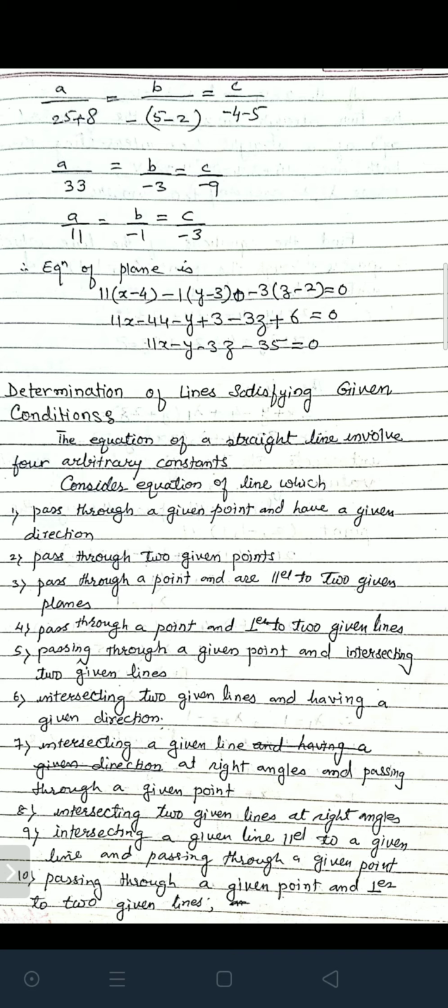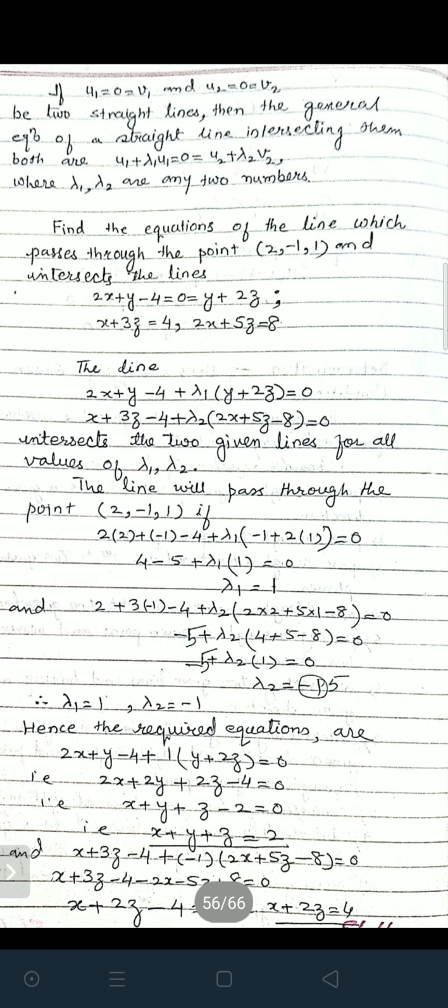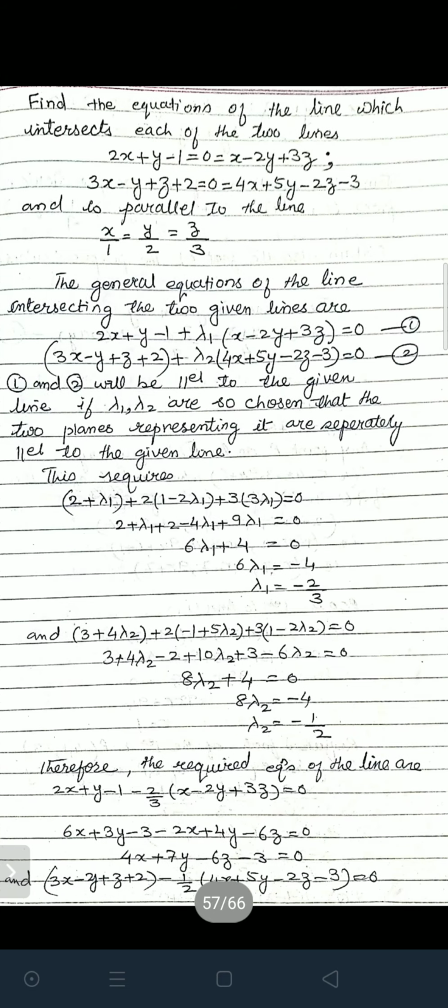There are different conditions given and we have to find the equation of the line, such as the line which passes through a point and is parallel to a given plane, and intersecting given lines at right angles, and so on. These are the conditions. We have solved one or two examples of it.